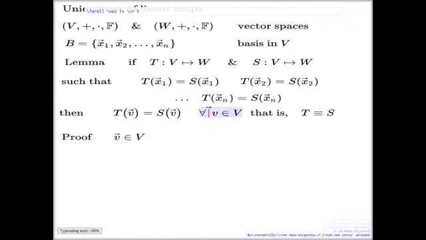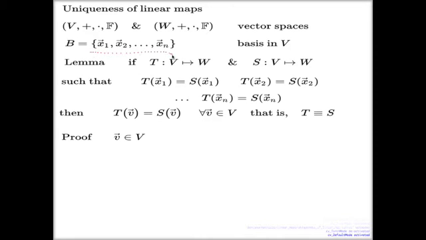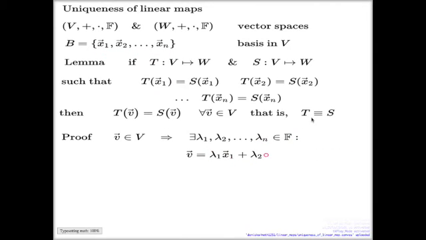Take any vector in the vector space, given that this is a basis. You can expect that there will be scalars which represent your vector as a linear combination of your basis. That's the nature of a basis, as a definition. Any vector is representable uniquely as a linear combination of that basis.